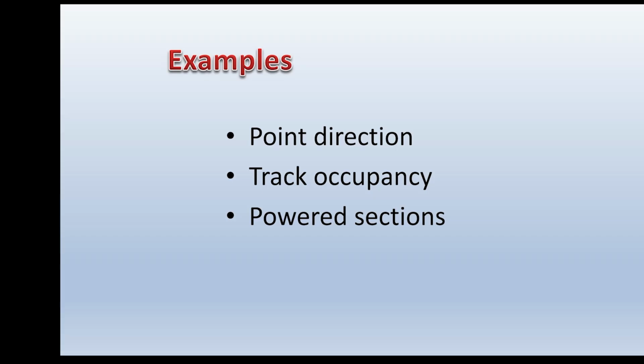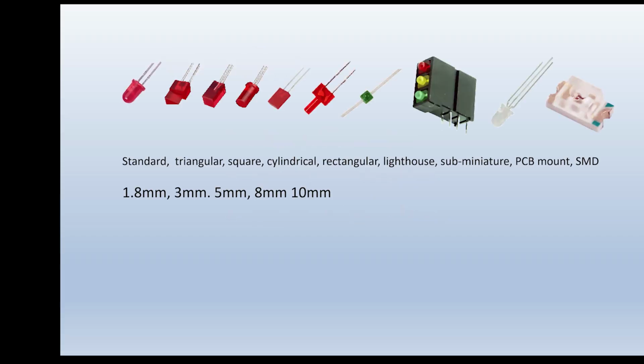So we can fit these LEDs to help us on our day-to-day running of our layouts. And some of these LEDs can be useful in that regard. For example, you can get ones that are triangular or rectangular, which will help you point the way to show different directions.